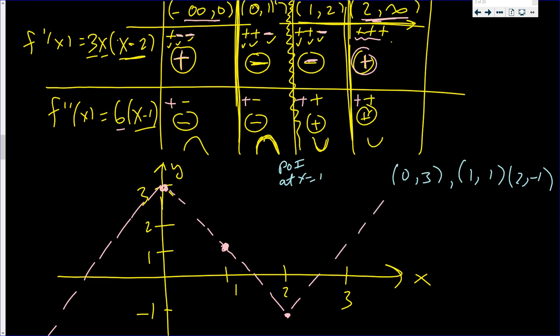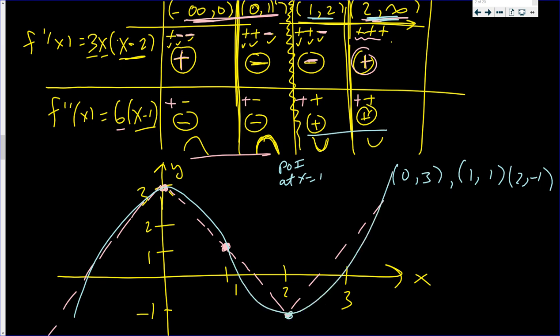Okay, now concavity all the way from 0 to 1 is concave down. So here's 1. So the graph is concave down. It's going to go like that. Now after 1, from 1 to infinity is always concave up. Okay, and of course I hit the points that I'm supposed to hit.